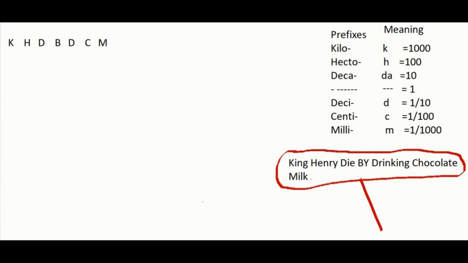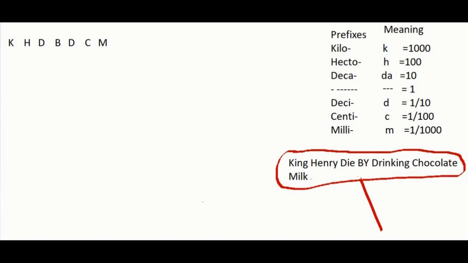Let us get familiarized with these prefixes and their meaning. When we talk about kilo, we use K to represent kilo, and this is 1000. H represents hecto, and this is 100. DA stands for deca, and this is 10.